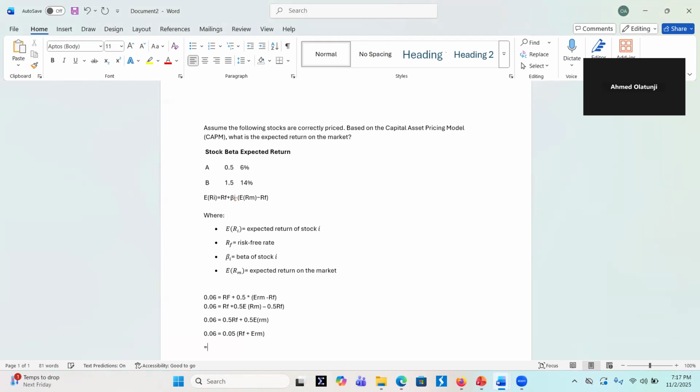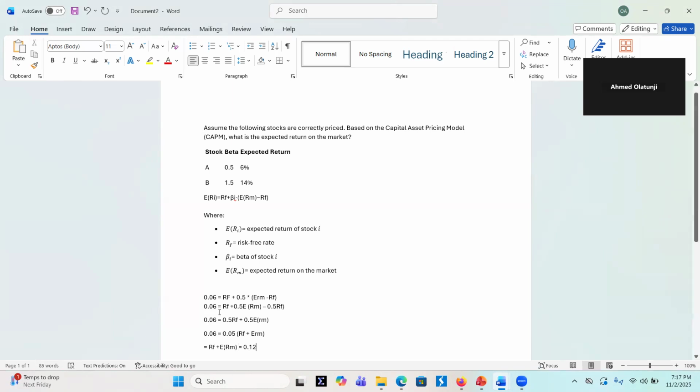So RF plus ERM will be 0.12. Equal to 0.12.